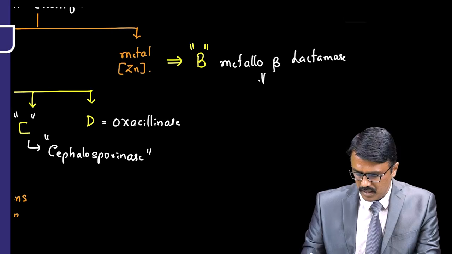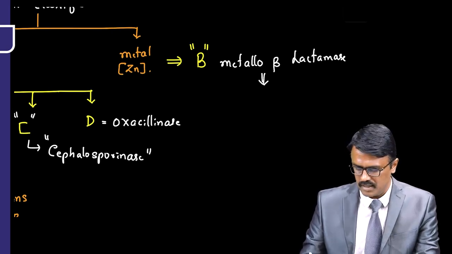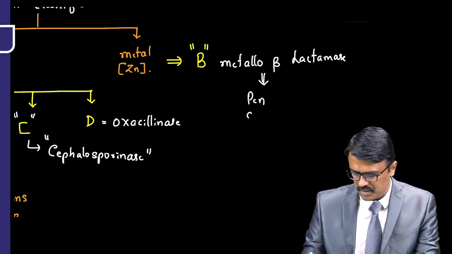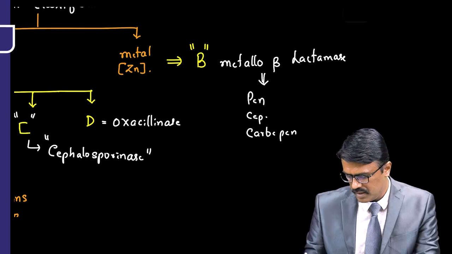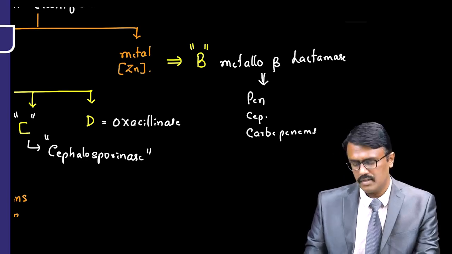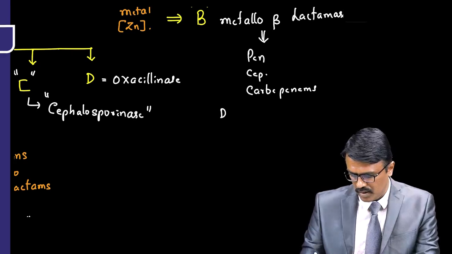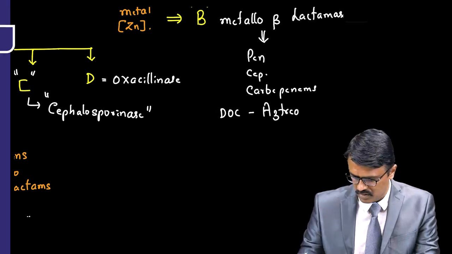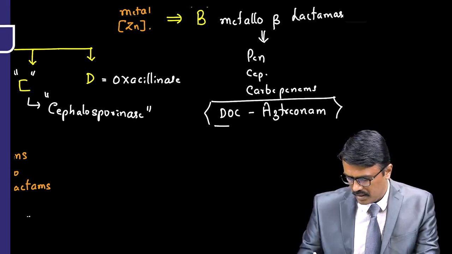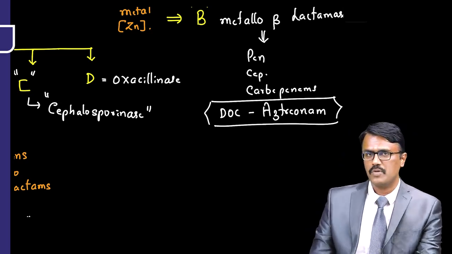Now these metallo-beta-lactamases can cut penicillin, cephalosporin, and carbapenems. So they can cut all of these. What they are not going to cut is aztreonam. So the drug of choice is aztreonam for this. So aztreonam can be used here.